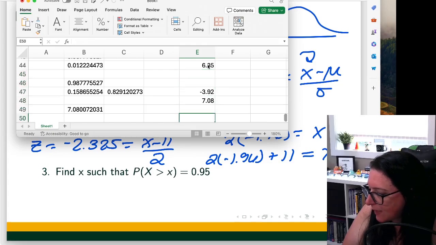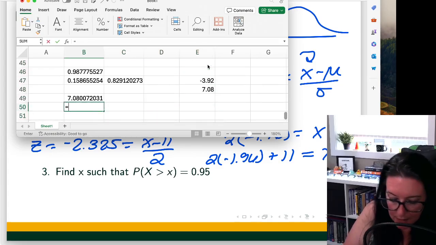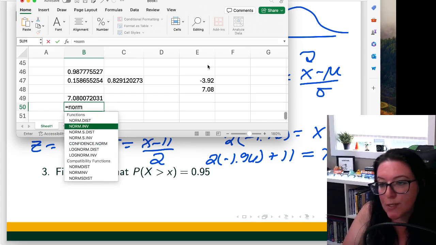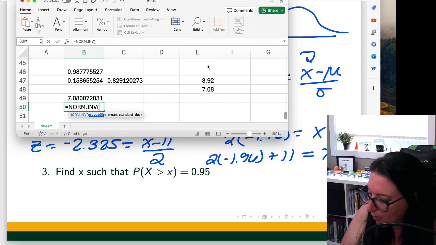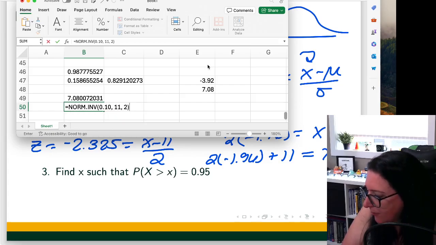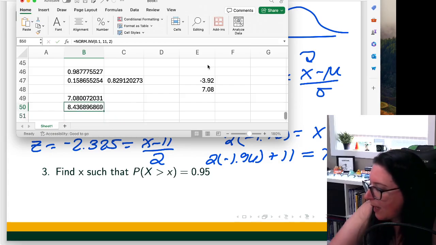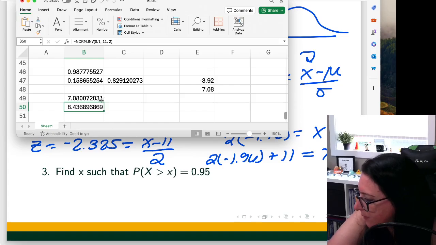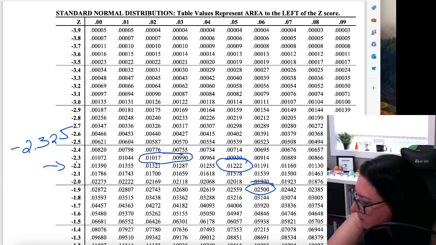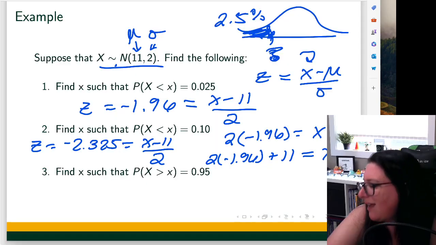To do this in Excel automatically, equals norm, and this time it's inverse because we're doing an inverse lookup. Probability here is 0.1, mean is 11, standard deviation is 2, and did we do it right? 0.1. What was I looking up? 0.01? No, what am I?